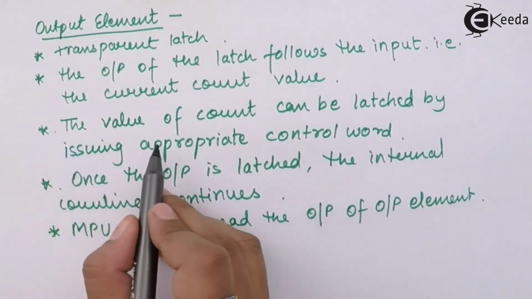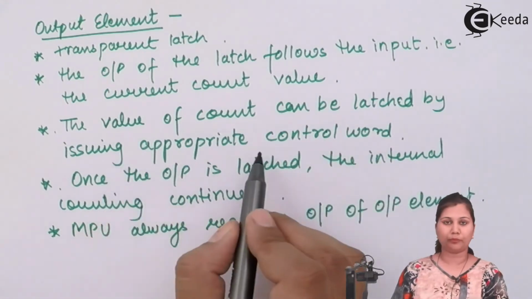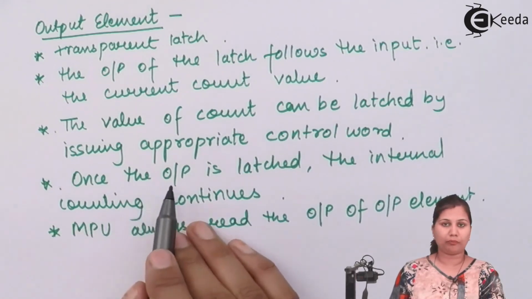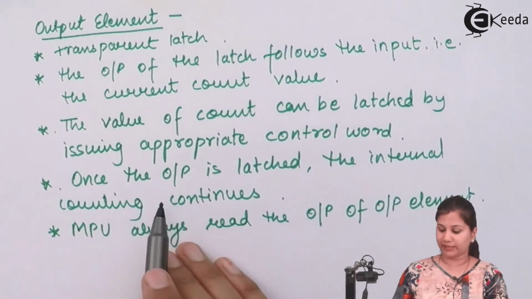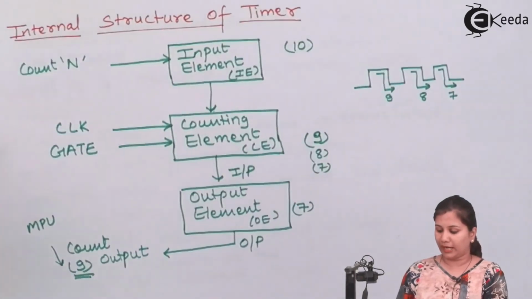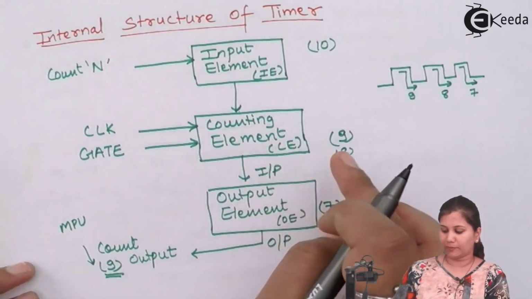The value of the count can be latched by issuing an appropriate control word in the control register. And once the output value of the counter is latched, the internal counting continues. Suppose the current value of the count is 9.